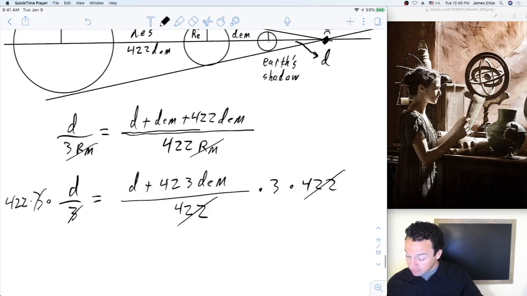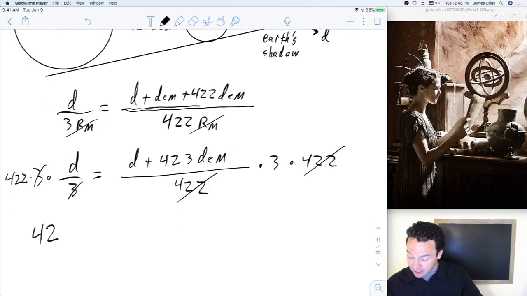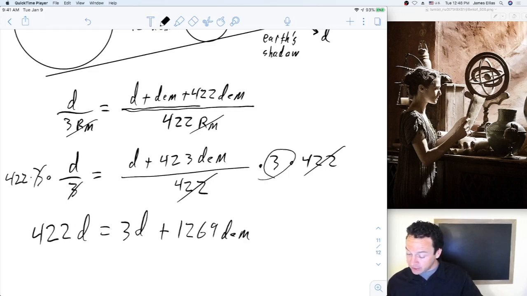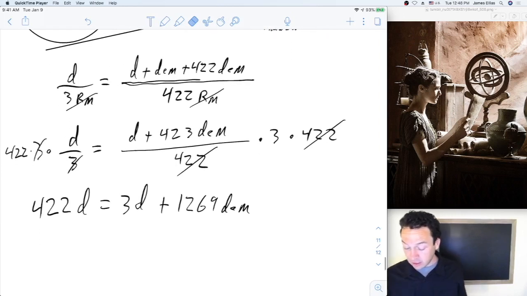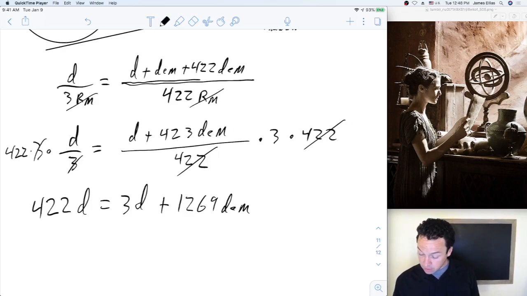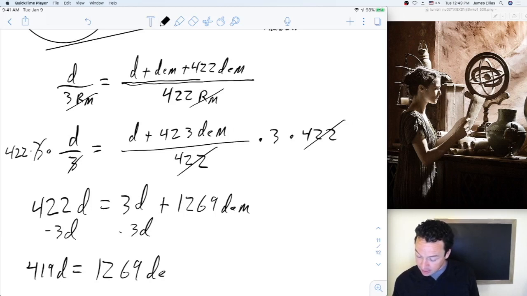Oh, that 3 goes away. And let's look at what Aristarchus gets next. 422D equals 3D plus 1269 DEM. Okay, 3 times this number turns out to be 1269. So let's continue our simplifications. We're going to minus 3D from both sides. 419D equals 1269 DEM.